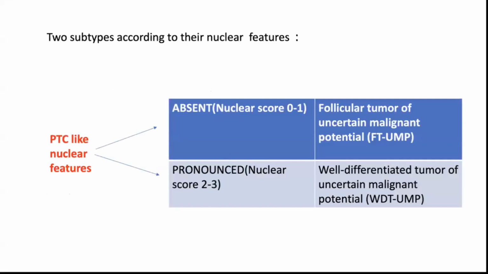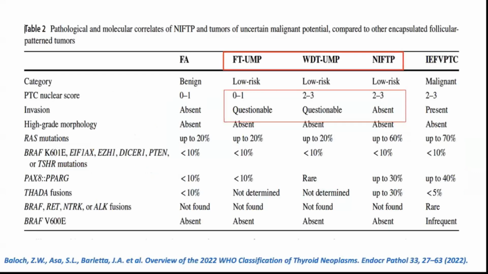Whereas if nuclear features are pronounced, that is 2 to 3, they are classified as well-differentiated tumors of uncertain malignant potential. If you see in this table, the highlighted ones are follicular tumor of uncertain malignant potential, well-differentiated tumor of uncertain malignant potential, and NIFTP. The nuclear features in well-differentiated tumor and NIFTP are more than in follicular tumors of uncertain malignant potential.